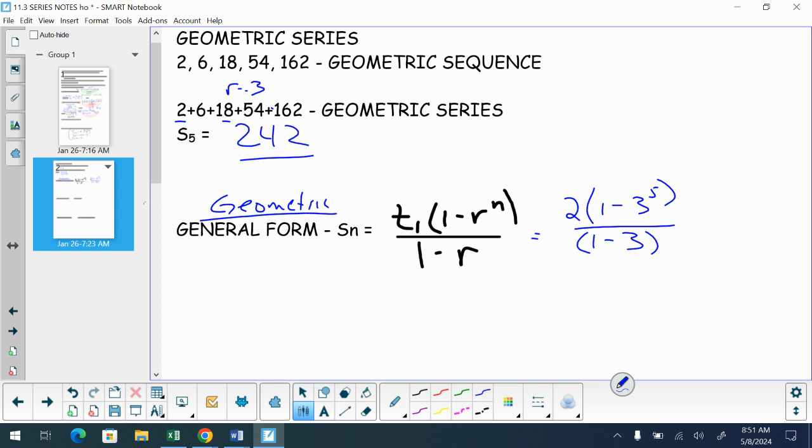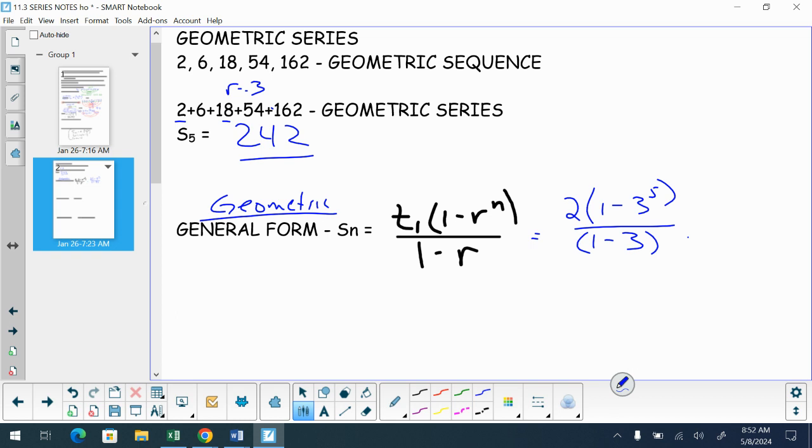Once again, that's just dealing with your calculator. Make sure you quantify 1 minus 3 to the 5th power. The exponent of 5 only applies to the 3. It's not 1 minus 3 to give us negative 2 to the 5th.